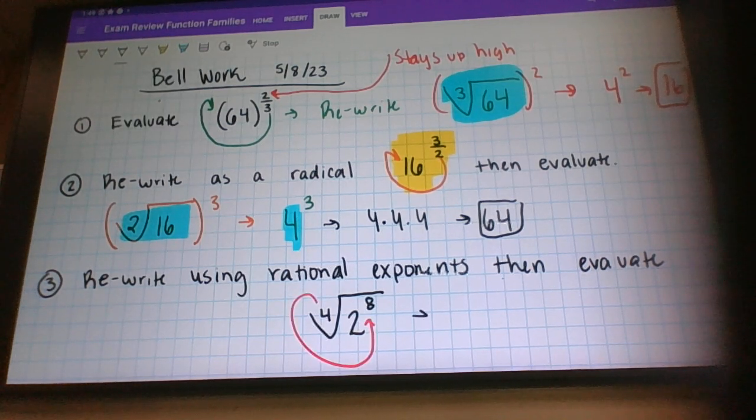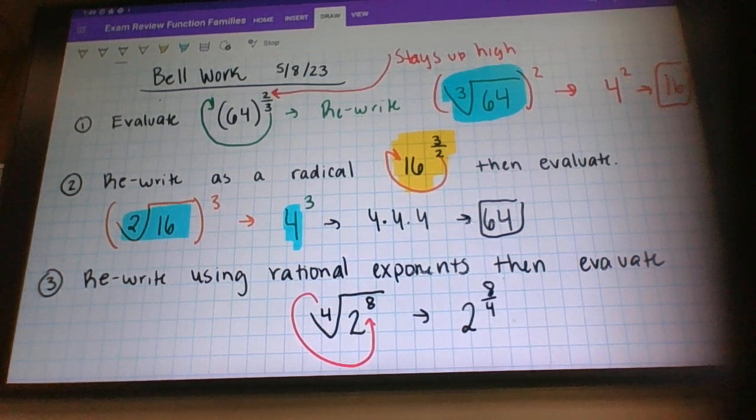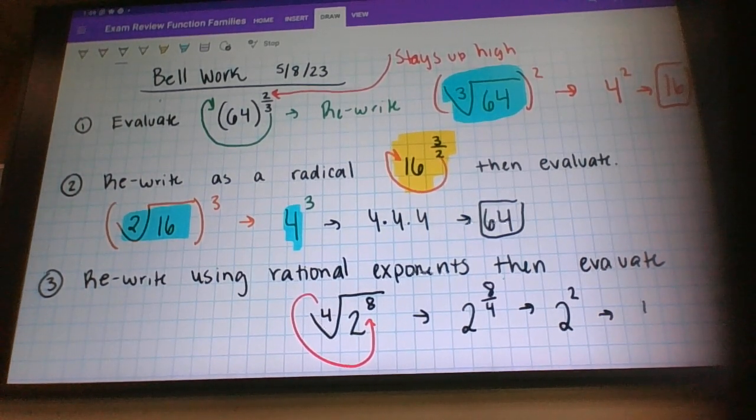So this would be rewritten as 2, 8 up high, and 4 down below. And we know 8 over 4 is just 2. So this is 2 squared, and the answer is 4.